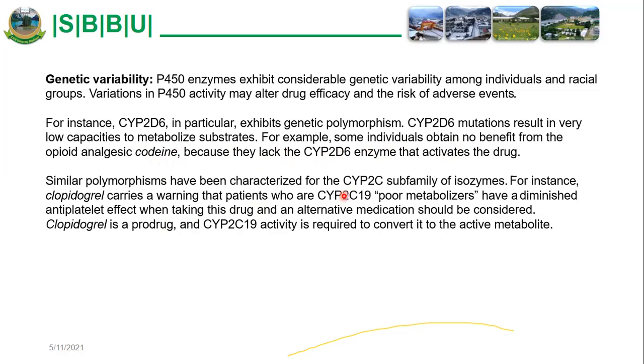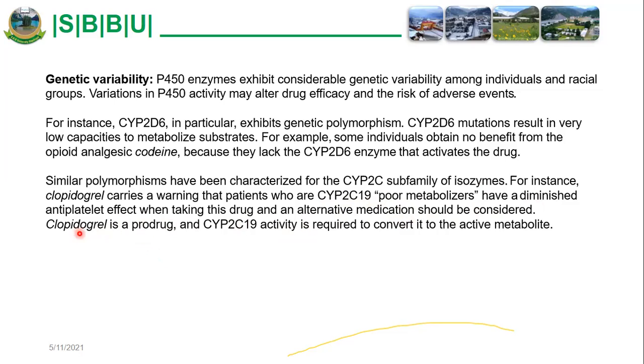Similarly, you can also characterize the CYP2C isozymes, like with clopidogrel. This is a very famous antiplatelet drug, mostly used in cardiovascular diseases. Patients who are CYP2C poor metabolizers have a diminished antiplatelet effect when taking this drug, and an alternative medication should be considered.